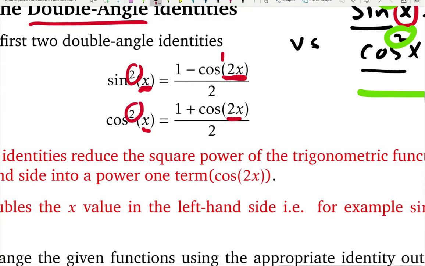So the power reduces. If you have a sine square, it gives you back a trigonometric function with power 1. You have cosine square, it gives you a trigonometric function with power 1. I think that is the most important thing about double angle identities in the context of trigonometric integration. It reduces the power.